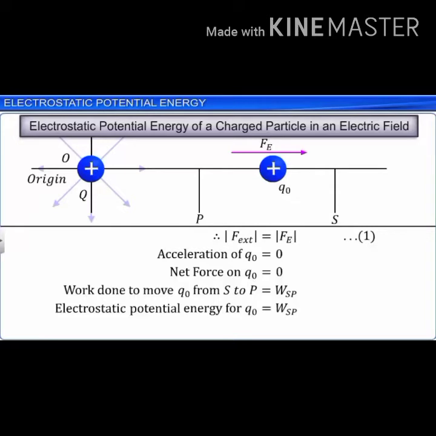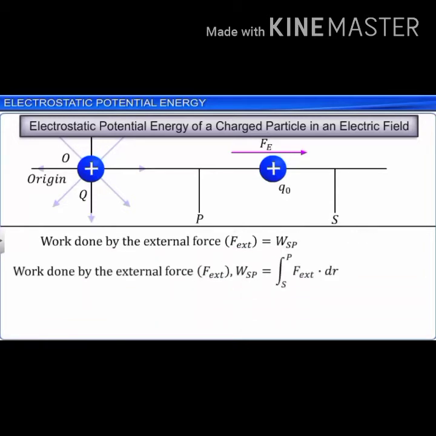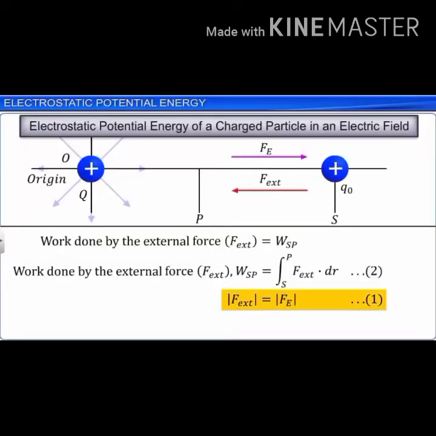We know that the work done by the external force F to move charge Q0 from point S to P is denoted by WSP. This is equal to the integral of external force F times dr in the limit S to P, where dr is the distance between the two points, which will be equation number 2. We know that from 1, the magnitude of the external force is equal to the magnitude of Fe, but the direction is opposite.